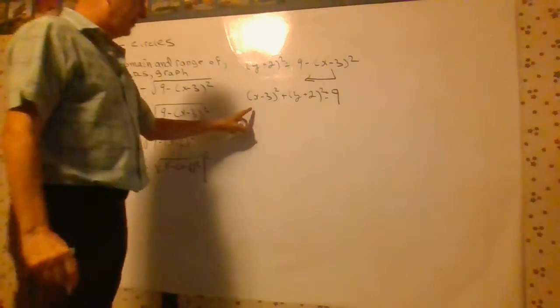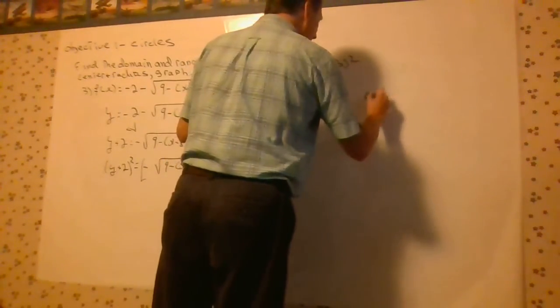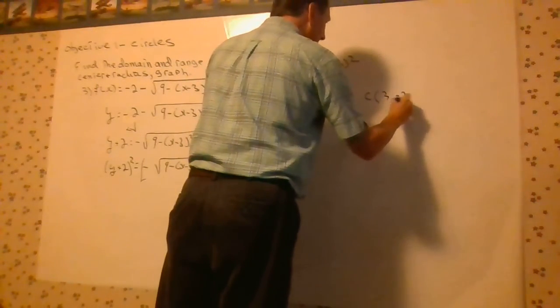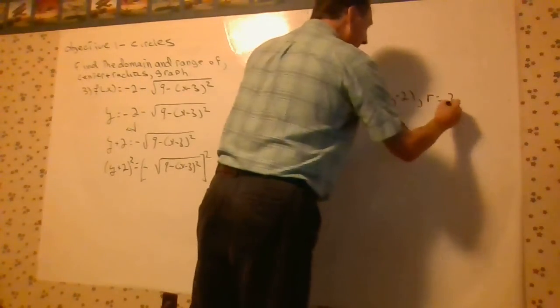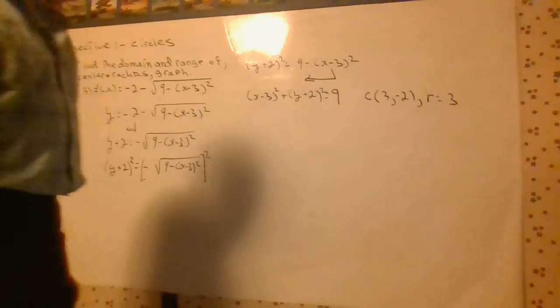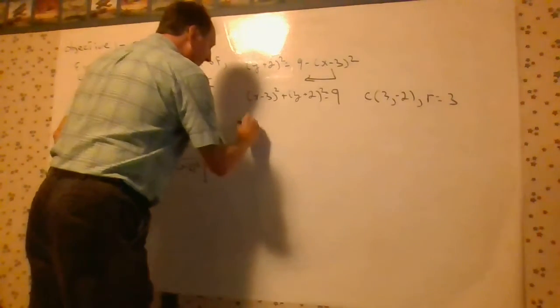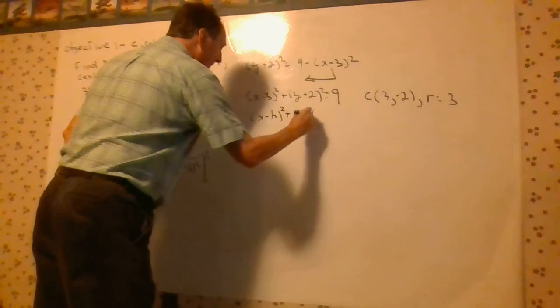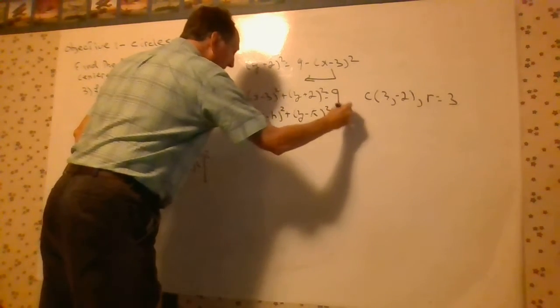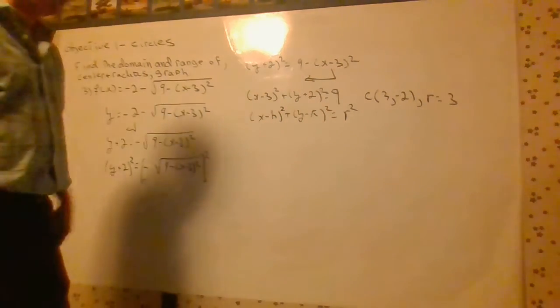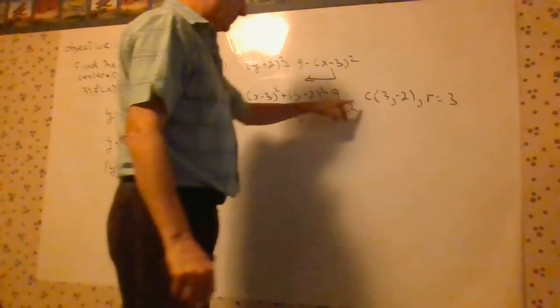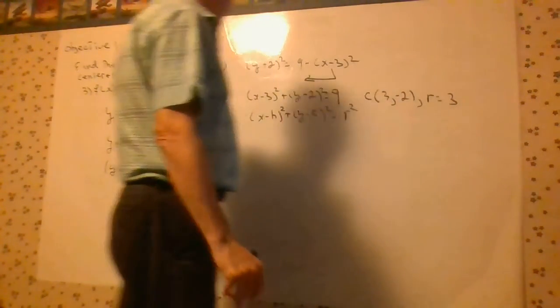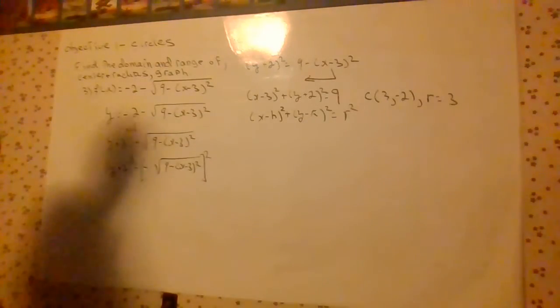And we can tell the center is equal to 3, negative 2. And the radius is equal to 3. Okay. You may recall the standard form for a circle is x minus h squared plus y minus k squared equals r squared. And that's our reference point for circles. Well, very easy to draw this. We can also go back.